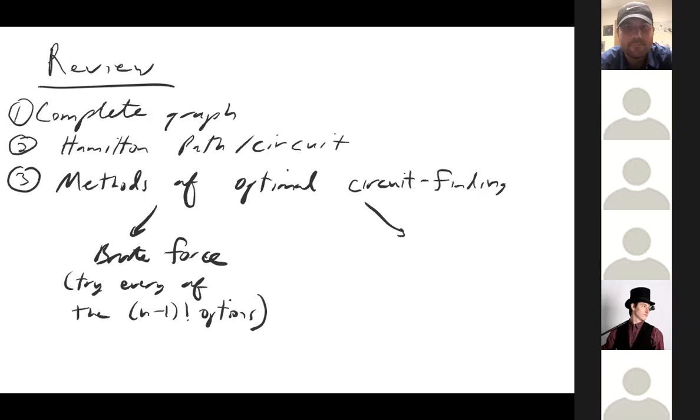And what was the other way? The approximate way was the nearest neighbor method that we just did. And this is just approximate, it's not exact.